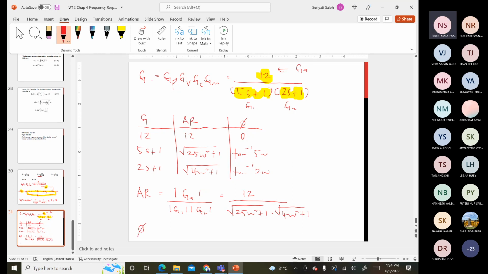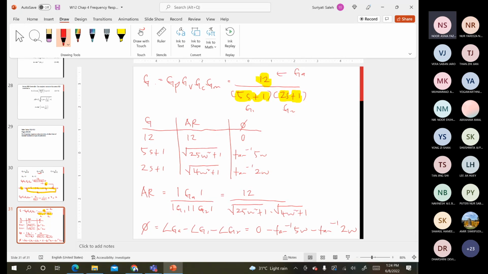And then the angle is GA minus G1 minus G2, equal to 0 minus inverse tangent 5 omega minus inverse tangent 2 omega. So this is your AR and the angle for the given problem.